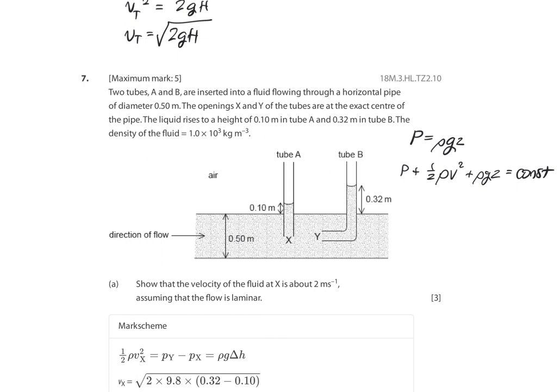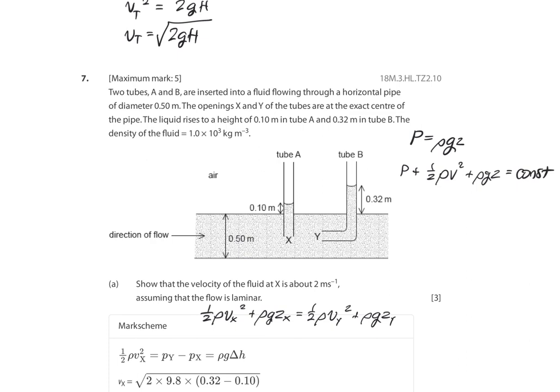So the deal with the pitot tube, because we have a difference in height here, tube A is 0.1 meters and tube B is 0.32 meters. Following Bernoulli, 1/2 ρvx² plus ρg zx, the 0.1 meters, is 1/2 ρvy² plus ρg zy, the 0.32 meters.